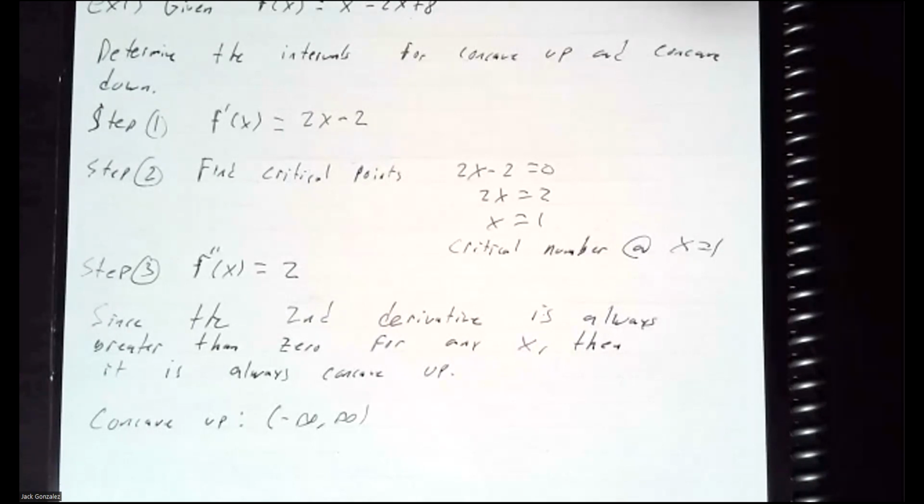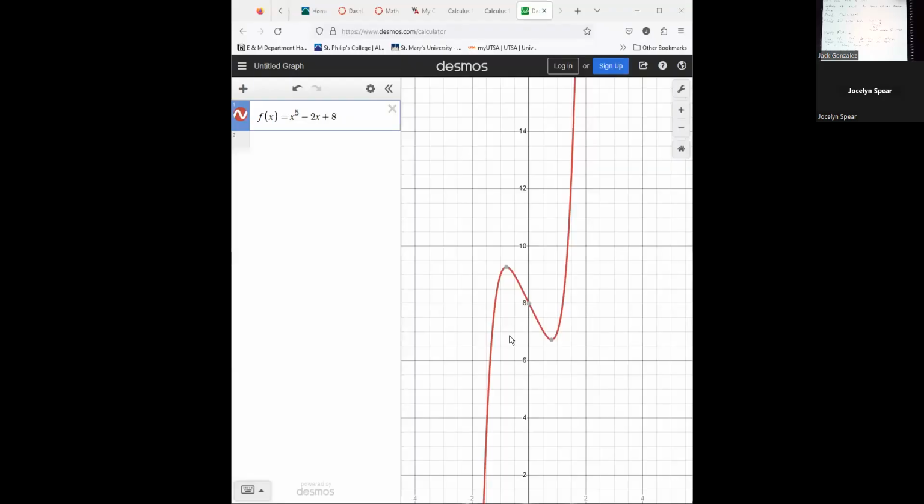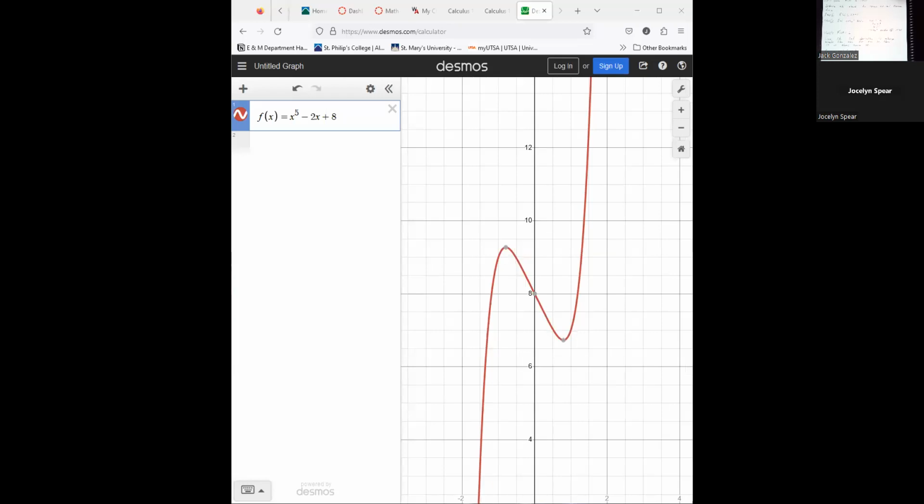Let me see what I can do. Check this guy out. I just made it up. See how right here we are concave down, then over here we're concave up. Oops, the computer's freezing. So like this, there's a point in there, probably this one, where it changes from concave down to concave up.